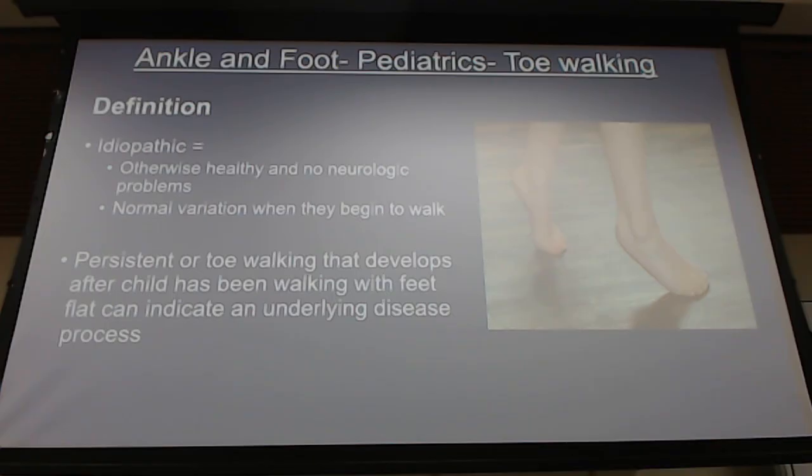Kids that have been walking and then begin toe walking, it's a little abnormal. Especially if the kid's been doing it for a while and you start seeing calluses, or thickened skin at the bottom of the forefoot. That definitely is not normal.